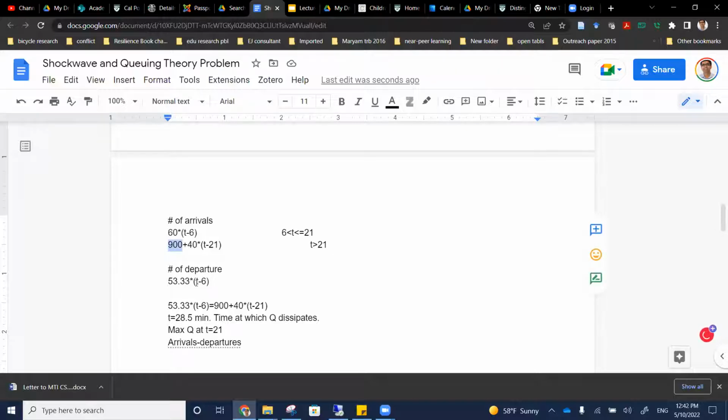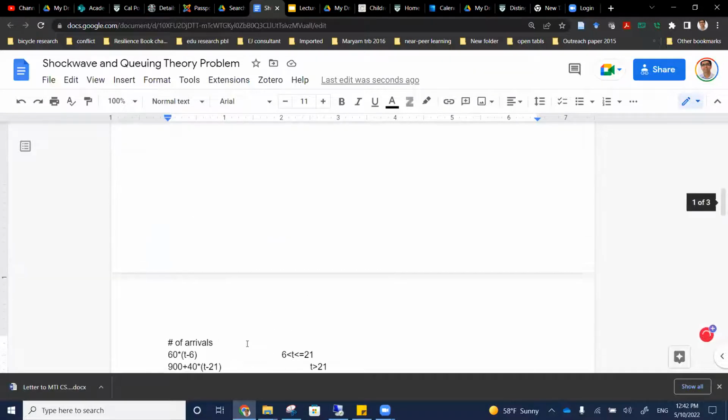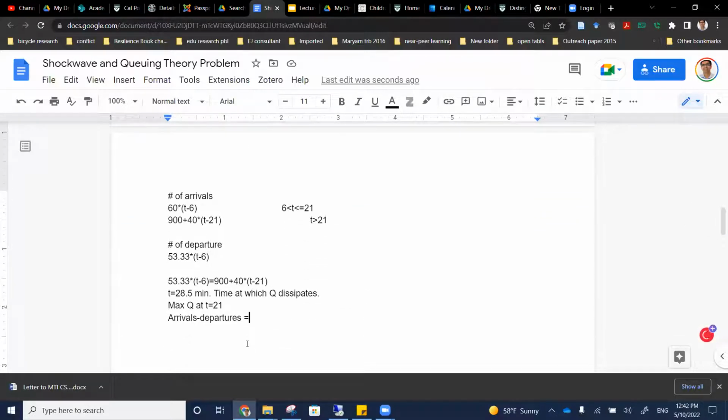If you plug in t equal to 21 here, arrivals are 900. And then departures are 53.33 times 21 minus 6, so 21 minus 6 is 15, which gives about 800. Either equation is fine, because 21 is my break point, so both equations give me the same number.